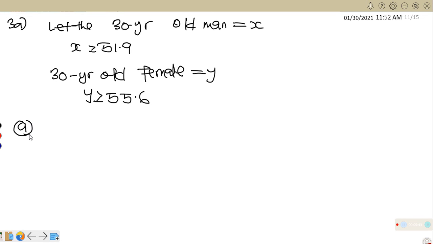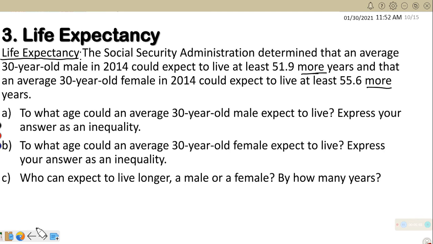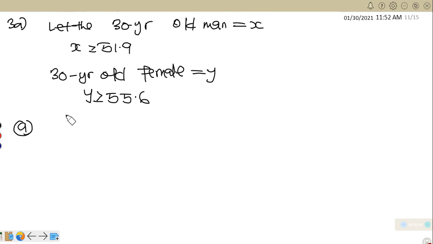Now answering the question. To what age could an average 30-year-old male expect to live? Express your answer as an inequality. For an average 30-year-old man, for X we have, 30 is the age already, so we do 30 plus 51.9.